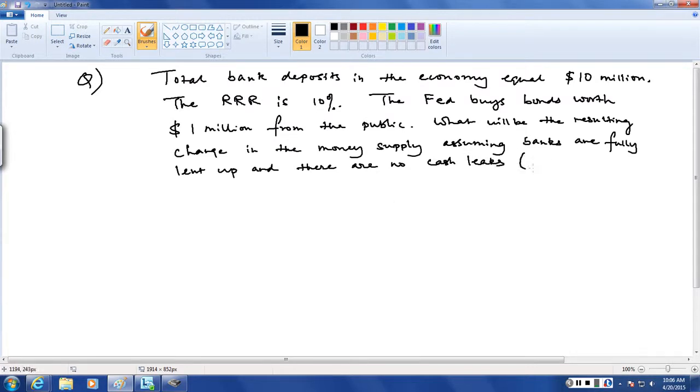This basically means that the desired reserve ratio is equal to the required reserve ratio and that the cash to deposit ratio is 0.